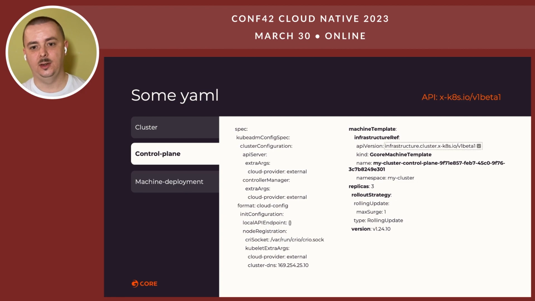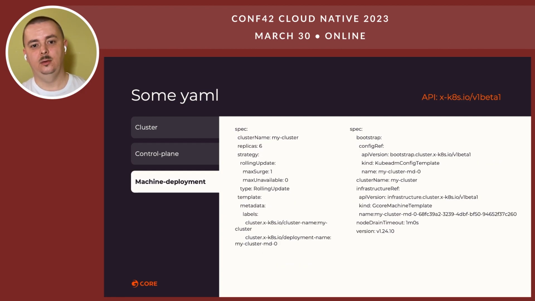So control plane has a reference to the gcore machine template on the infrastructure, and the same for the machine deployment. Machine deployment is an object which describes the worker group of some Kubernetes cluster. So this one says, okay, we need 6 workers, and to create them, please use the infrastructure reference to the gcore machine with this name, and that's it.